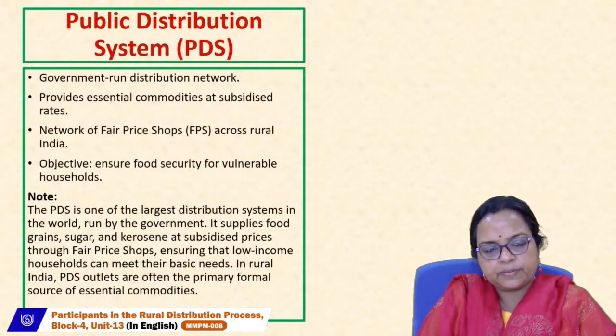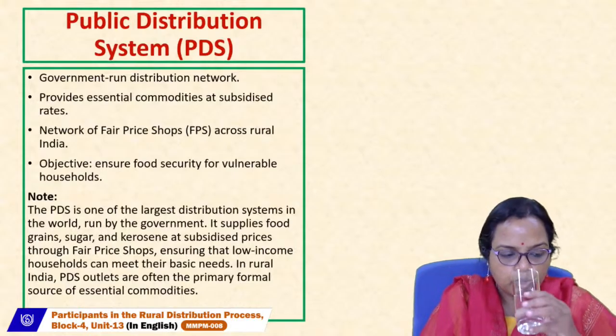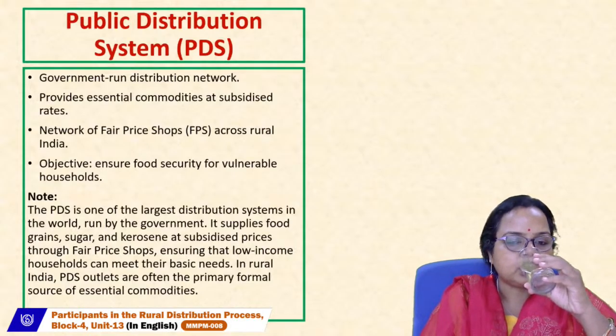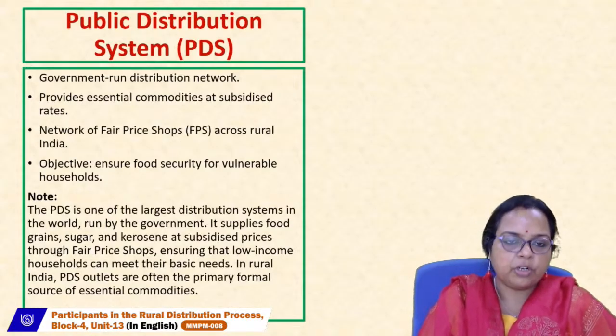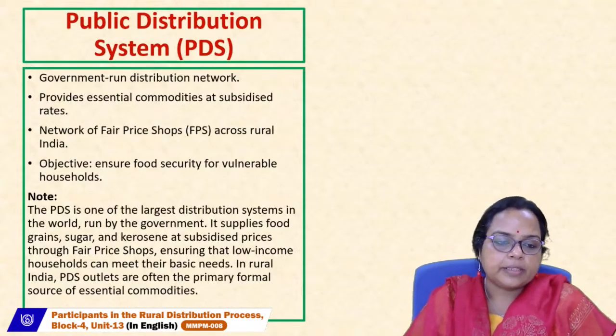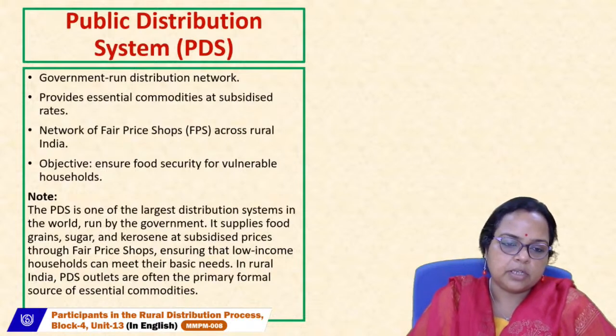After cooperative societies, there is another one, that is the public distribution system. We all know about that. The PDS, the short form of public distribution system, is one of the largest distribution systems in the world, and it is run by the government.